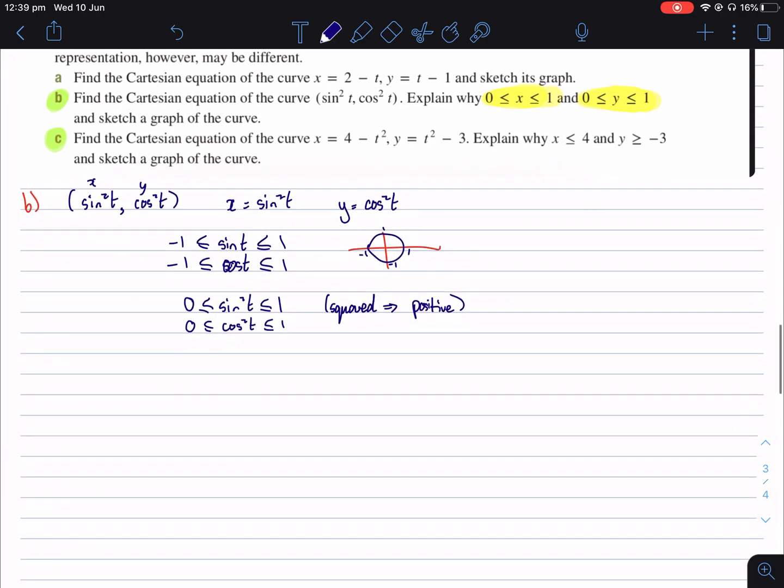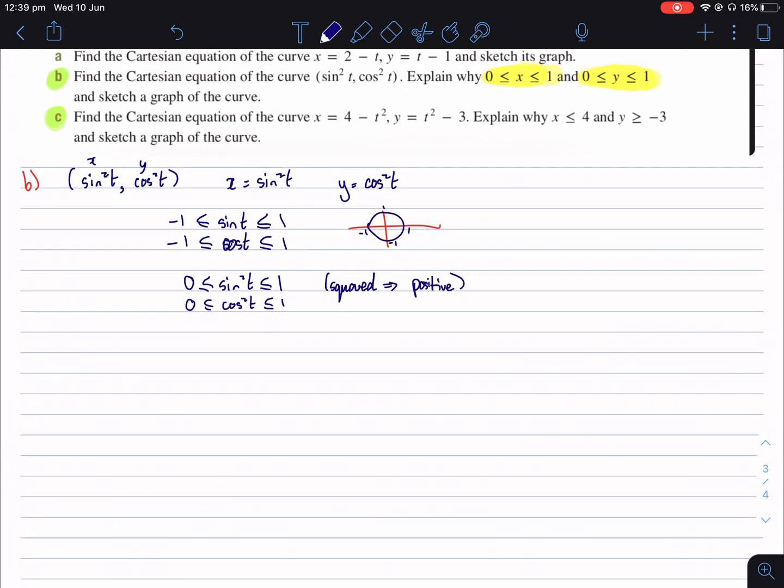And sketch a graph of the curve. So literally this curve, we've got sine squared t, cos squared t. I think I'm just confusing myself. Hang on.